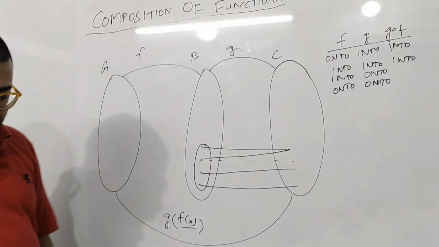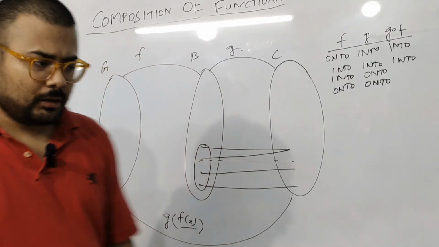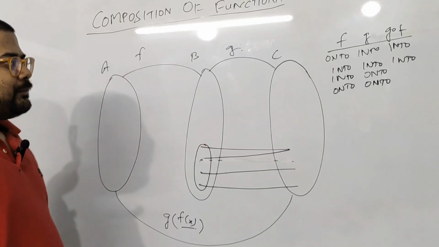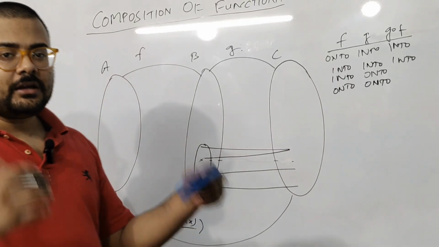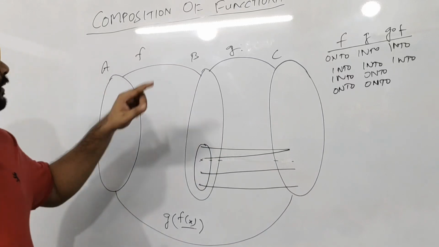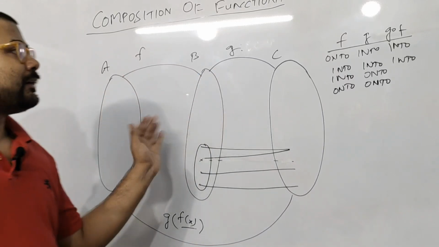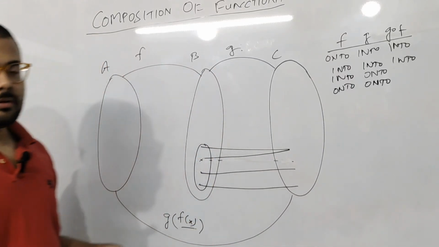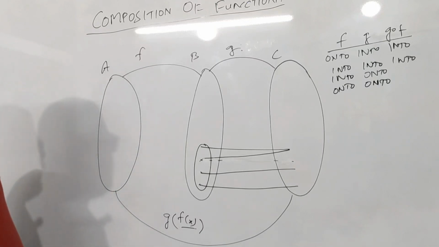Similarly, what if your gof can be onto also? You can think of a function in which f is into and g is onto and gof is onto. So how would you reason it?